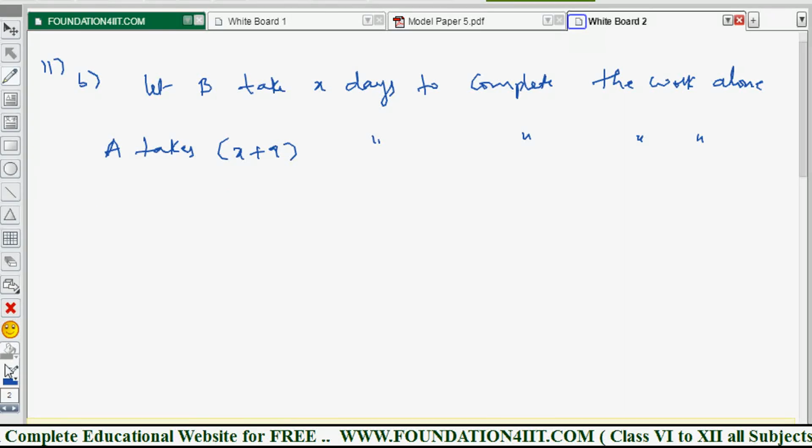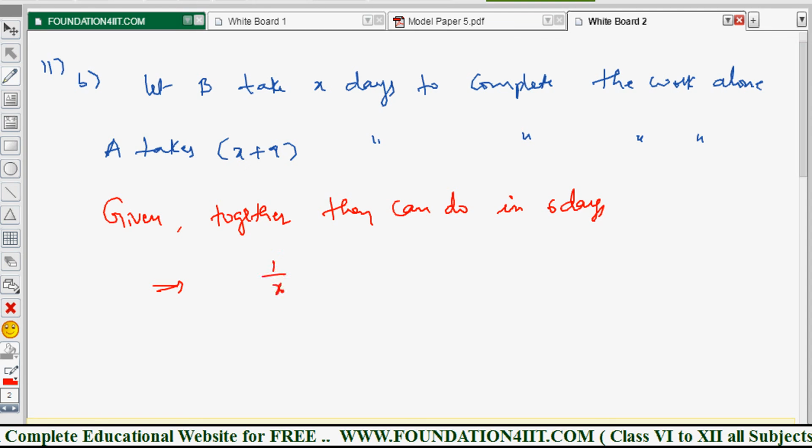Therefore, given is that together they can do it in 6 days. Right? In 6 days they can do it together. Then we can write this statement like this. One is x, one is x plus 9.